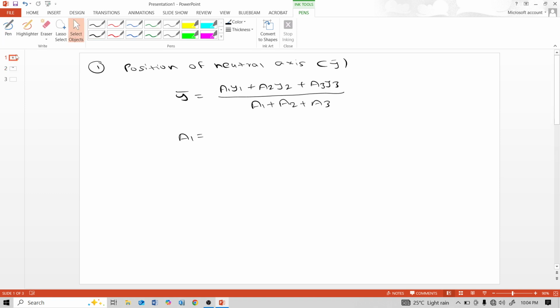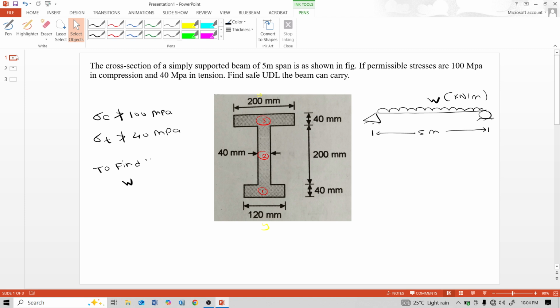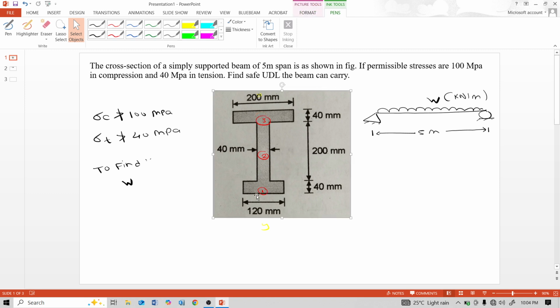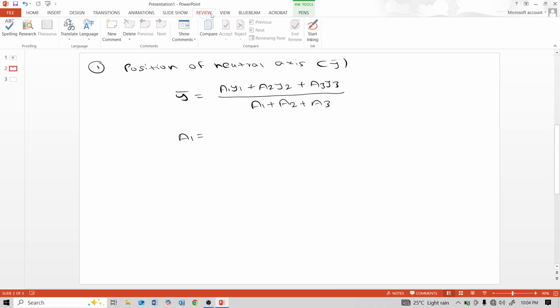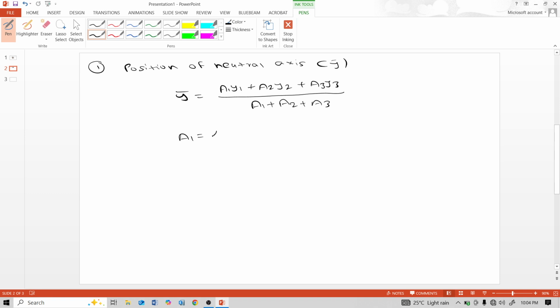Let us consider the bottom flange as 1, web as 2 and top flange as 3. A1 is the area of the bottom flange, 120 multiplied by 40 mm. The bottom flange is rectangular, so its area is B into T, 120 into 40, 4800 mm square. Sorry, area unit is mm square.